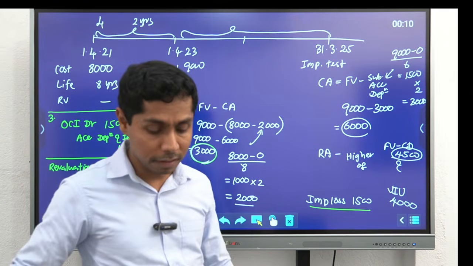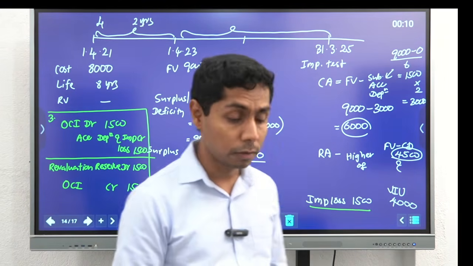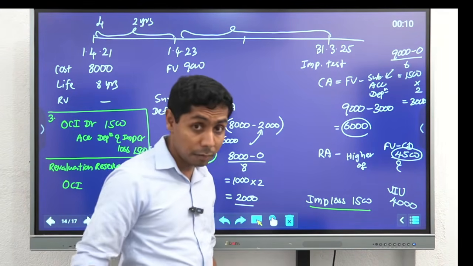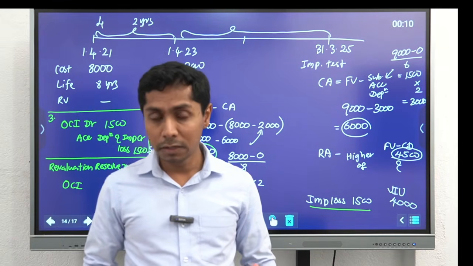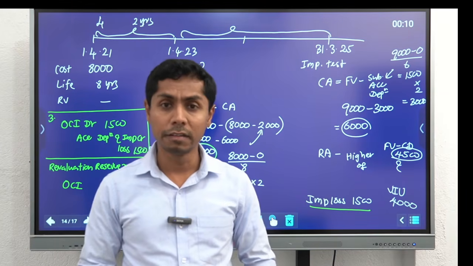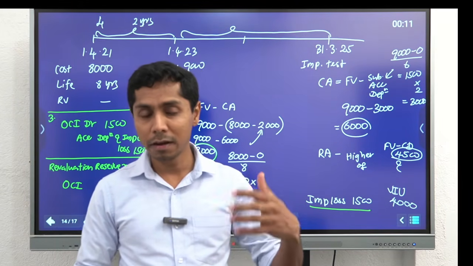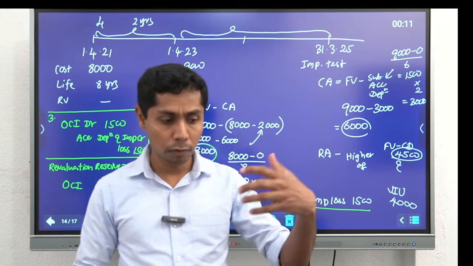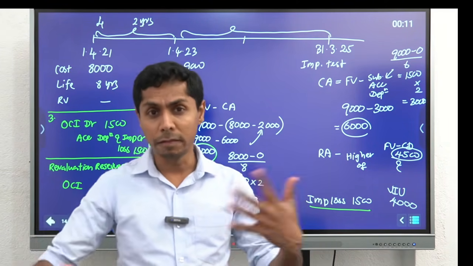Okay, I hope that is clear. That is treated as a revaluation deficit. You have to have the knowledge of the revaluation deficit accounting treatment, right? So with this video I covered the first part of the impairment of assets, particularly the individual asset. But sometimes we can't impair the individual asset; we want to look at the cash generating unit, a group of assets.